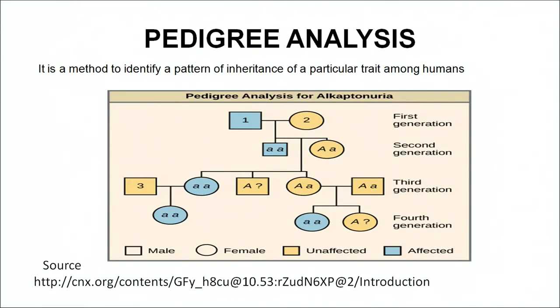In the second generation, again the male is affected and the female will become the carrier now because she has this particular gene in a heterozygous condition, capital A, that is the normal one, and small a, which is the recessive gene for alkaptonuria. Then in the third generation also, some of both males as well as females are carriers, we can see.